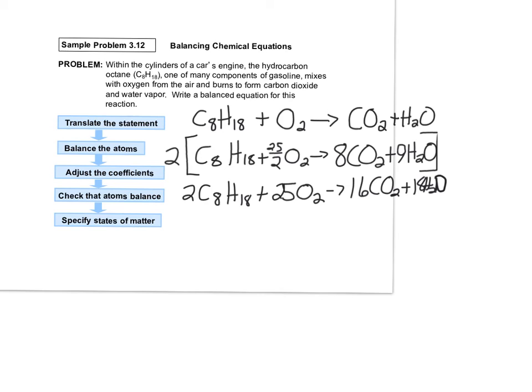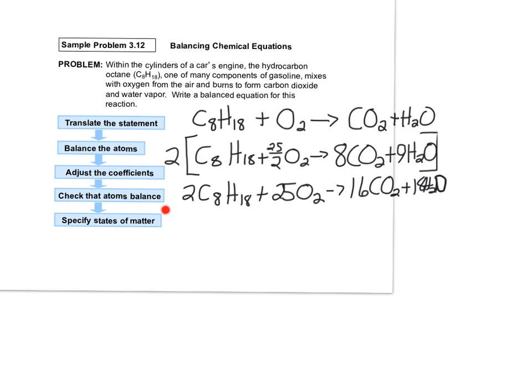I've got 25 times 2, which is 50 oxygens on the left. On the right, I've got 16 times 2, which is 32 oxygens, plus 18 oxygens, which equals 50. So I've got the same number of all of those atoms on both sides of my yield arrow.